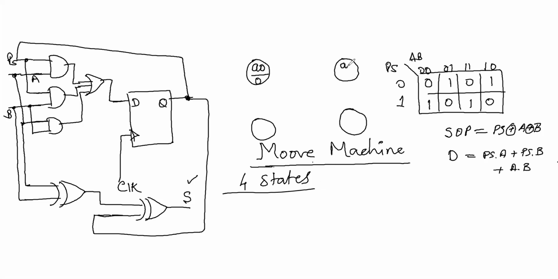I'll call it state A1, and maybe output as 0, B0 with output 1, B1 with output 1. So I have my nomenclature which I have done. You can think of your own and devise.